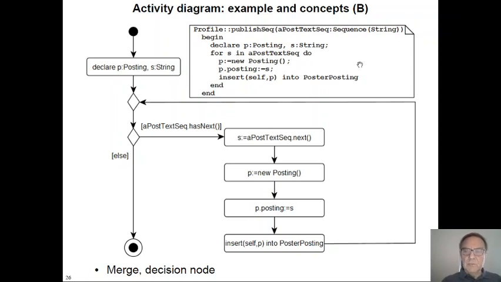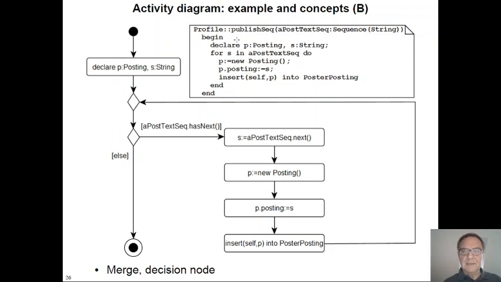The example that I'm going to present here is an example where we have a for loop. The publish operation in the profile is intended to publish exactly one posting.